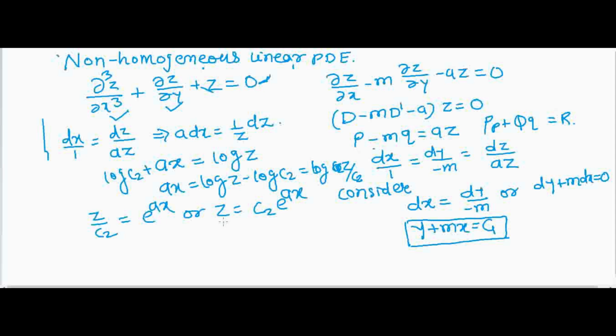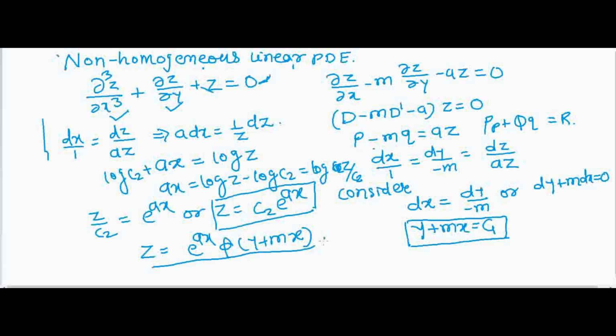This is the other relation between the variable z and ax. Then the solution of the equation is z = e^(ax) φ(y + mx). This is the solution of the differential equation.